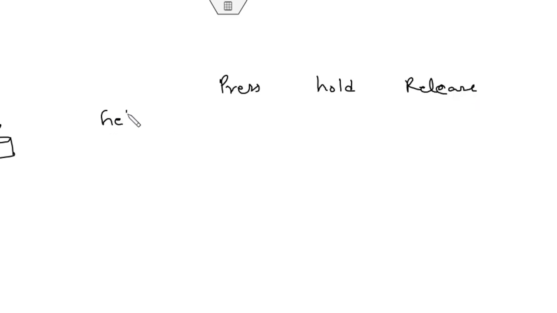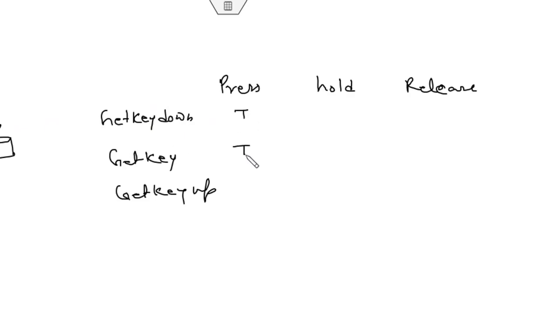So first of all we will see GetKeyDown, GetKey, and GetKeyUp. Basically, whenever we press the button, GetKeyDown will be true, GetKey will also be true, and GetKeyUp will be false.